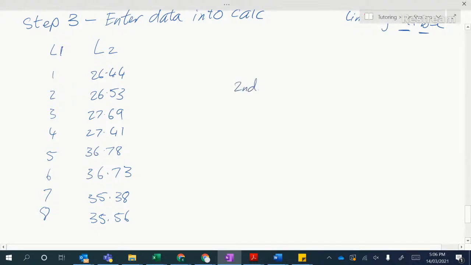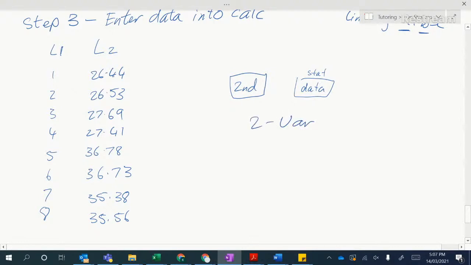So the second function button looks like that, and then the data button, which has stat written above it. Like that. And then you want to choose 2var data.